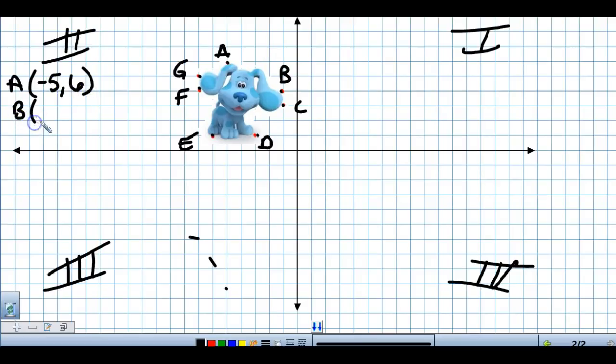B is in the location of -1, 4. C, -1, 3. D, -3, 1.